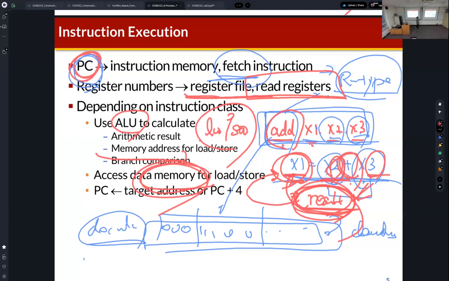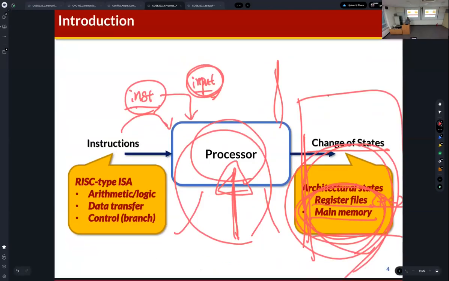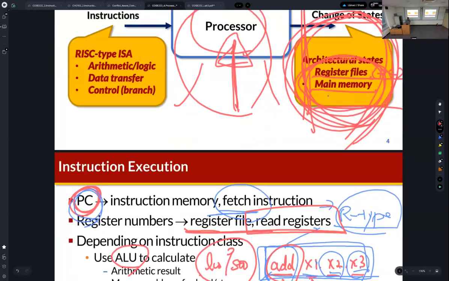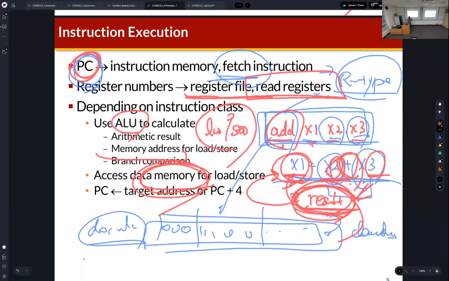So why did I explain this? Because these are the required steps for executing instructions. In chapter 2, we just learned the result of instructions only, but in chapter 4, we will learn how the instructions are executed.